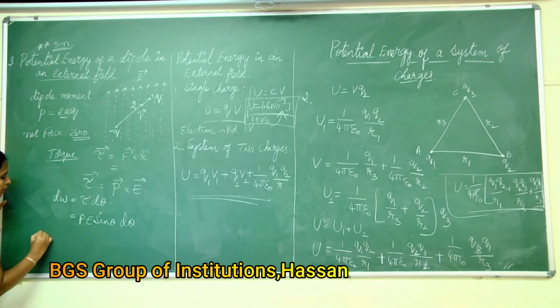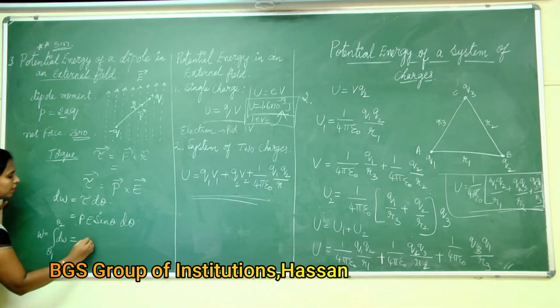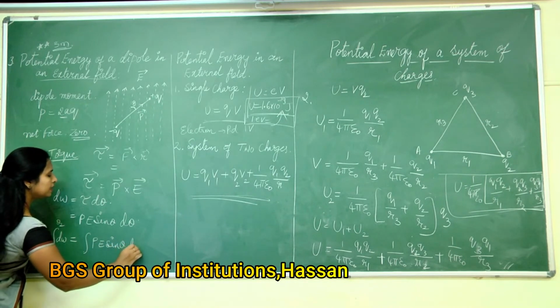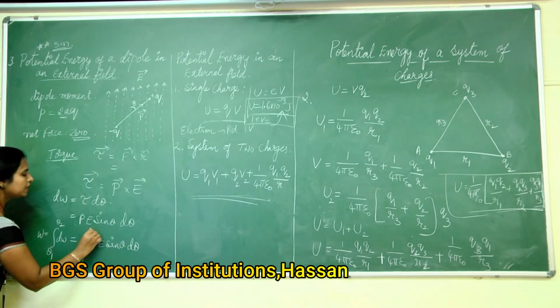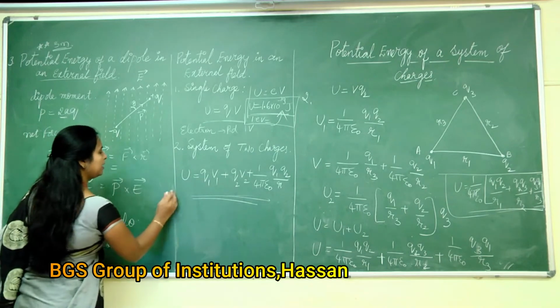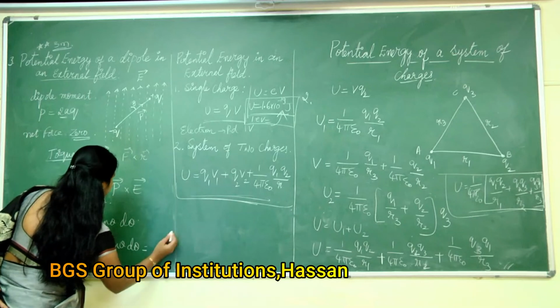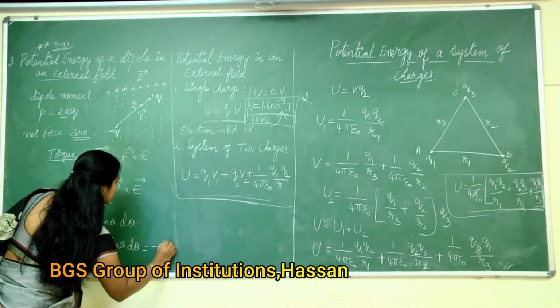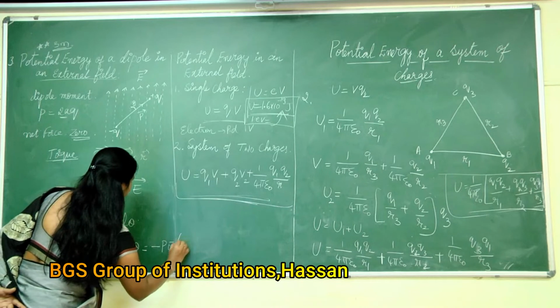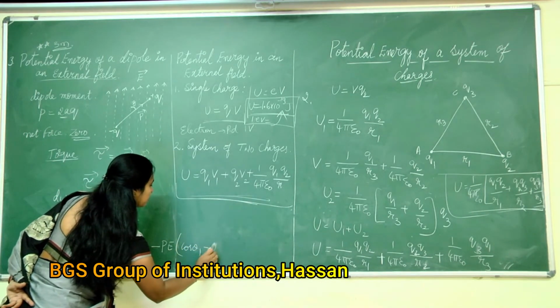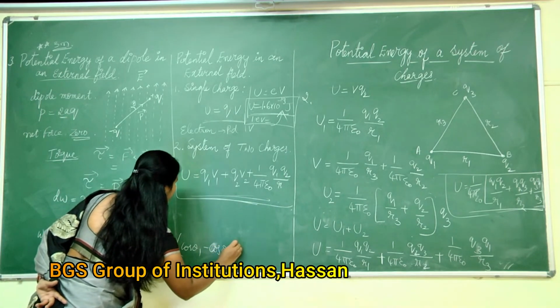Then the total work done W is the integral of dW from theta 1 to theta 2, which is the integral of P E sin theta d theta, and the integral of sin theta is minus cos theta, so that is minus P E times cos theta 1 minus cos theta 2.